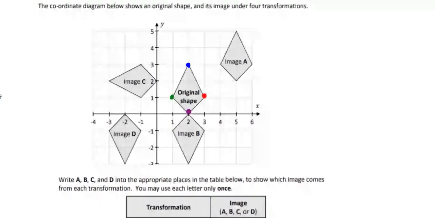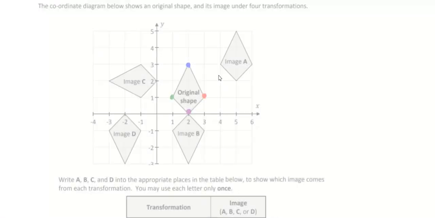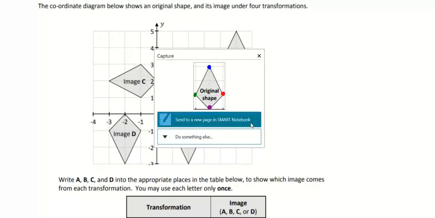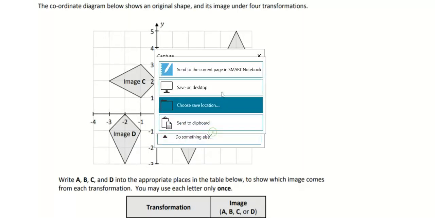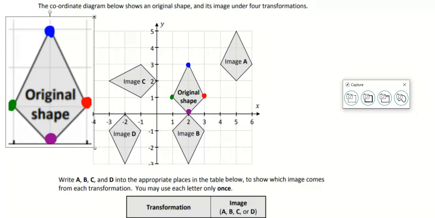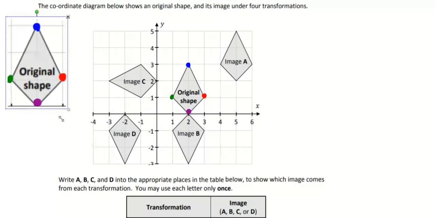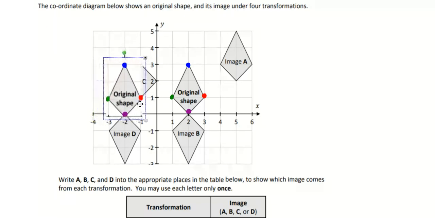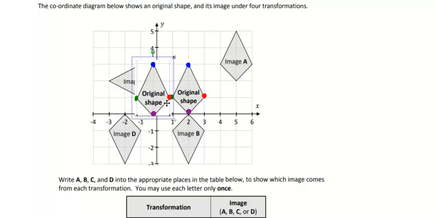Well, axial symmetry is like a perfect reflection in an axis. So example is, if it was axial symmetry in the y-axis, it should look something like this. Just want to show you what axial symmetry in the y-axis would look like. See the way it's a distance of 1 away?